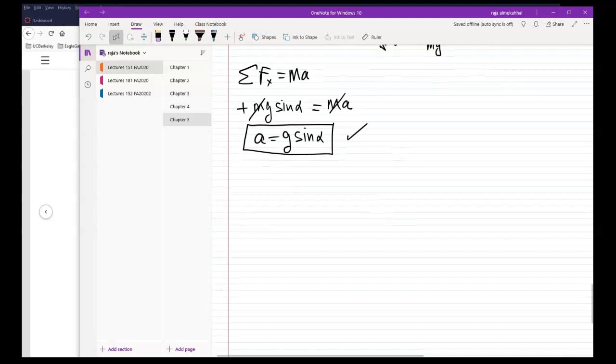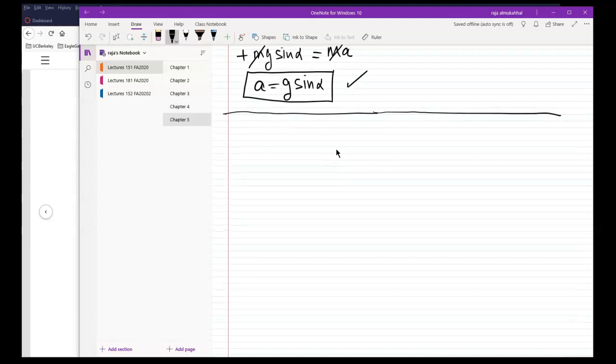All right, the next topic that I want to talk about is just a continuation of that, and that is the friction force. So let me talk about that before we take up more problems. Friction. What is friction?